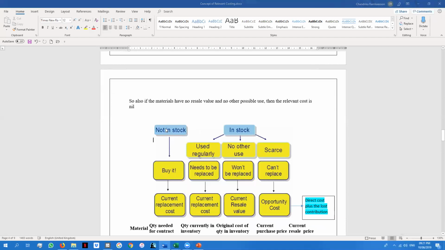If the material is not in stock, clearly the only relevant cost would be the purchase cost. Because if the 500 kilograms are not in the stores department right now, and that is what is needed for the job, call it type A, you need to buy it. So the only relevant cost there could be the replacement cost.